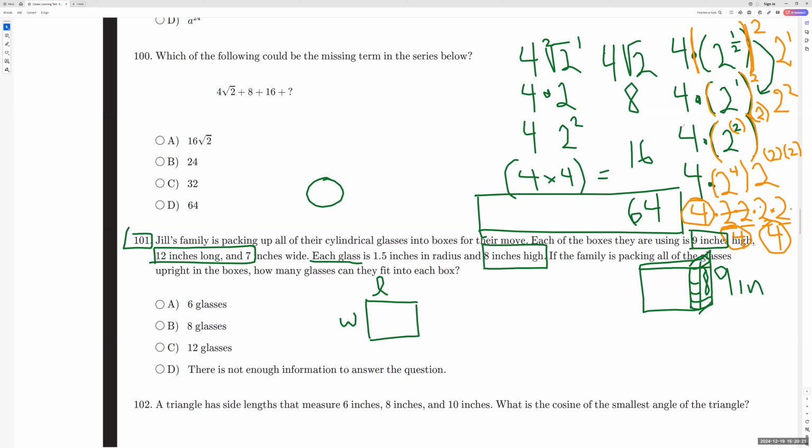And it is a 12 by 7. All right, now each glass is 1.5 inches in radius. So if I have a circle and my radius is 1.5, that means a full line is 1.5 plus another radius of 1.5, which is 3. Any which way is 3.